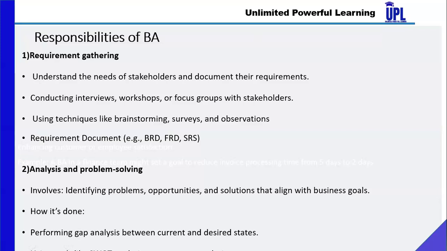Analysis is identifying the problems, opportunities, and solutions that align with the business goal. A business analyst's responsibility in analyzing and solving problems is not only showing the problem, saying, hey developer, this is the problem, but you also need to give a solution to it. If the testing team comes and says, hey, this is the problem, you should not only show the problem, but also the solution: why don't you try it this way.